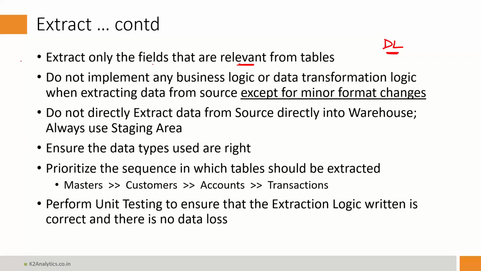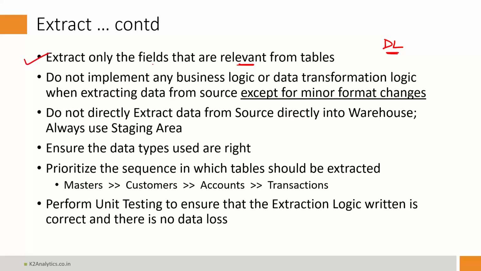Do not implement any business logic or data transformation logic when you are extracting. When you're pulling data from a source, take the data as is. Do not do modifications except for very minor changes, which is okay.